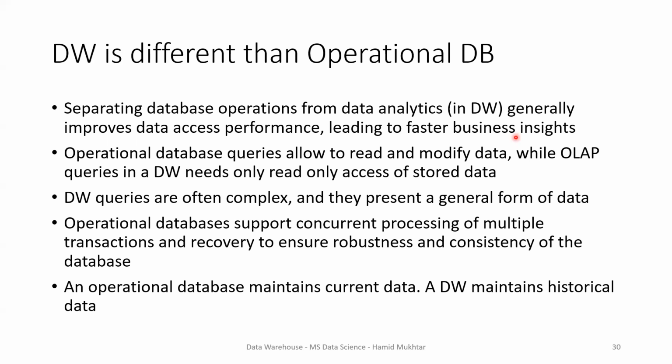Operational databases support concurrent processing of multiple transactions. That is also a very, very important point, that normally databases can process multiple transactions. What is multiple transactions? Many users can use that. Consider a bank database which holds information about the customer accounts, okay? So this database can be accessed by thousands of people at the same time.